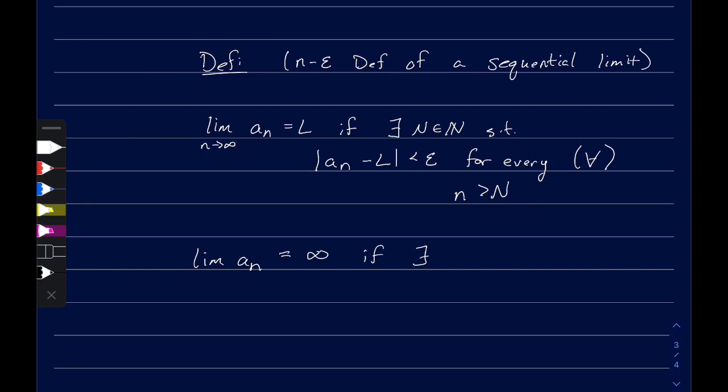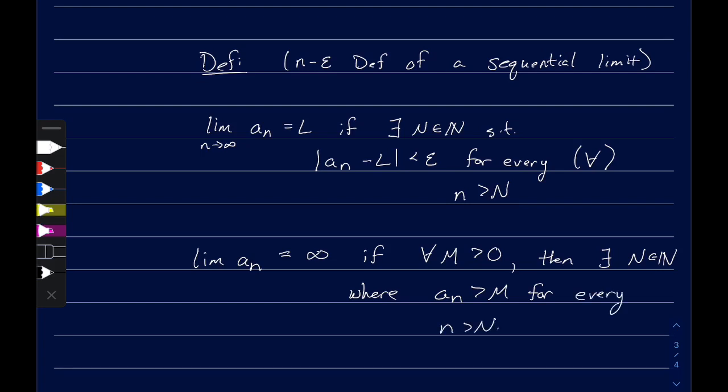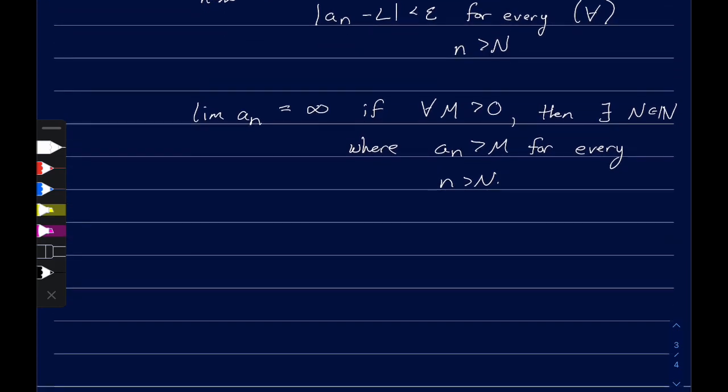Now, the limit of a_n is equal to infinity if for every real number M that is greater than 0, so if you give me any positive number, then there exists a big N in the natural numbers, so there is a point in our sequence, where a_n is greater than M for every n greater than N. So this says that give me any positive real number, and at some point in the sequence, I'm going to start being above that.